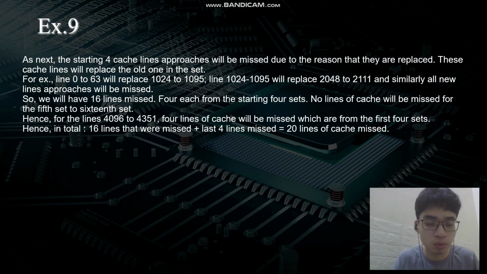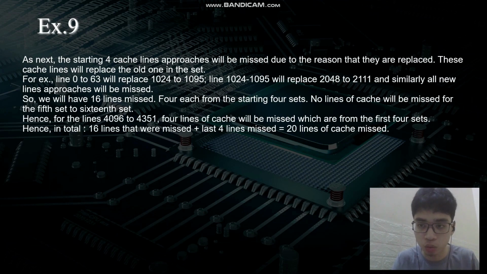Line 0 to 63 will replace 1024 to 1087. Line 1024 to 1087 will replace 2048 to 2111, and similarly all new lines will be missed, so we will have 16 lines missed for each of the starting 4 sets.